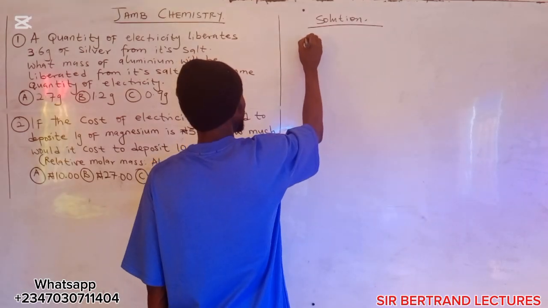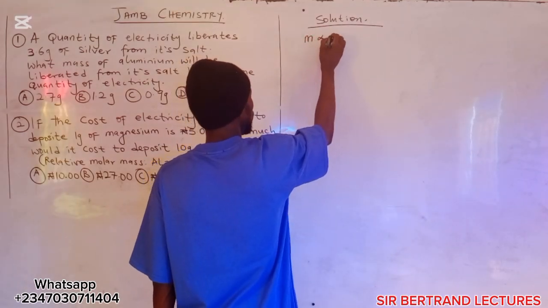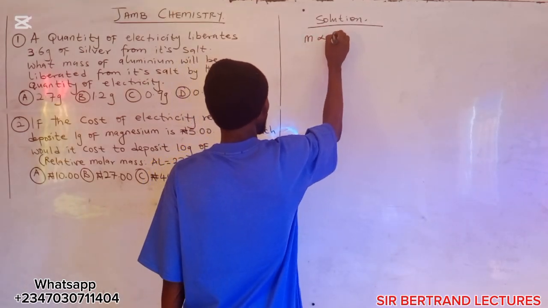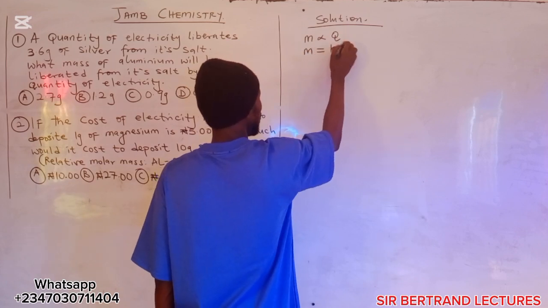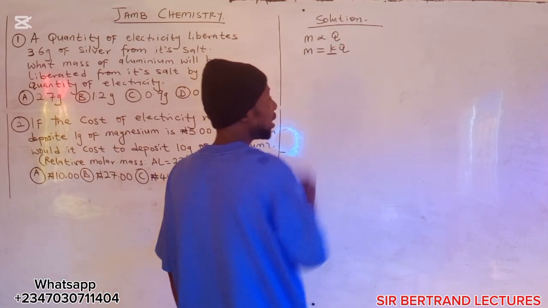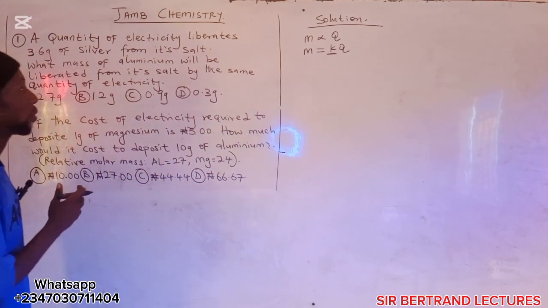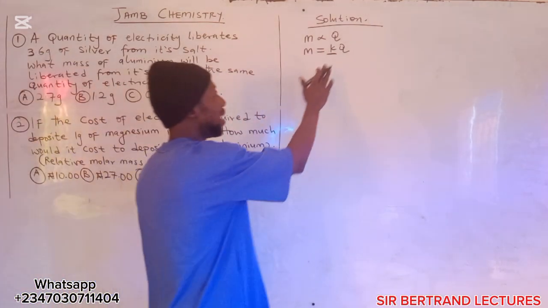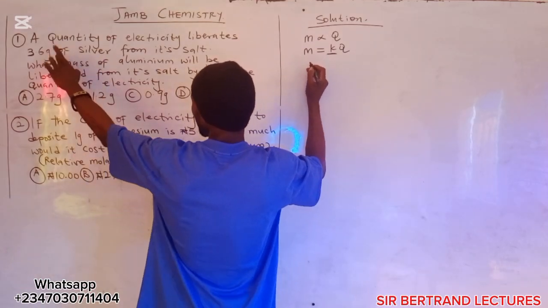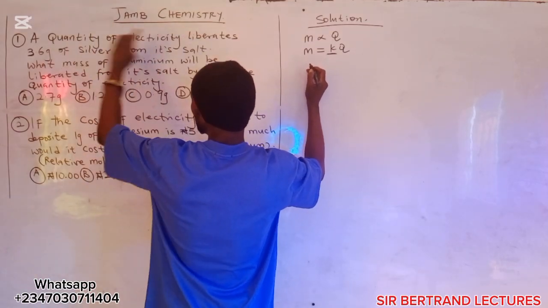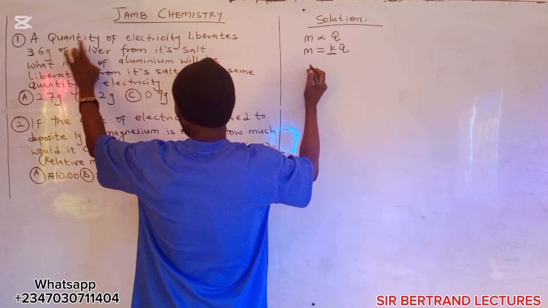Faraday's law says mass is proportional to quantity of charge. When you remove the proportionality sign, you have m = Kq. The K represents the charge of the element or substance. We are solving for the quantity of electricity that will liberate 3.6 grams of silver.